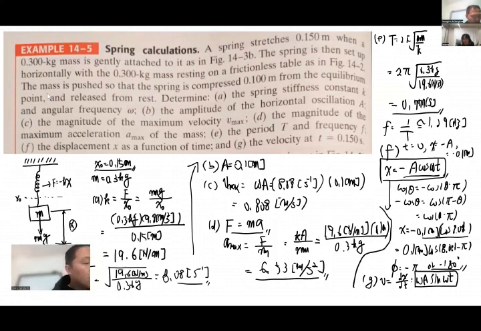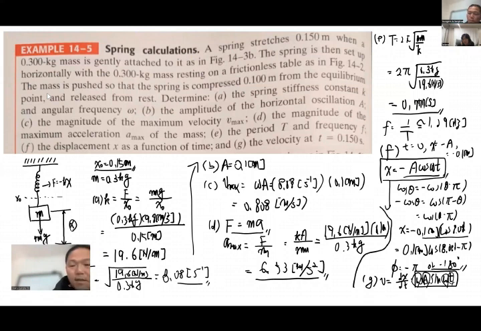So we plug in omega and the maximum displacement A, and again the omega back into this formula, and then replace t with 0.15 second.